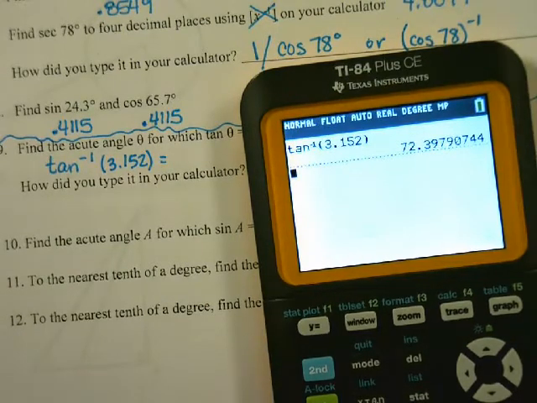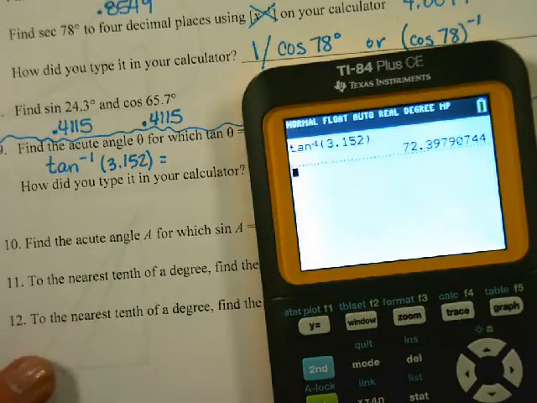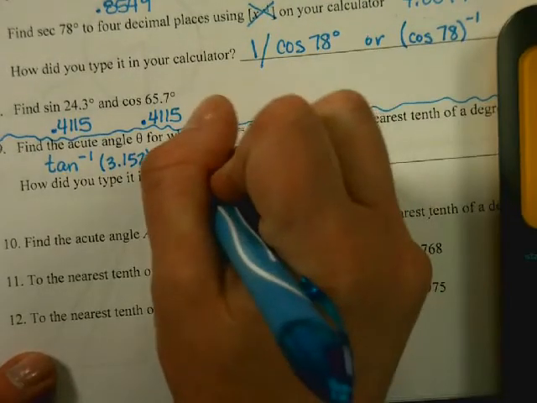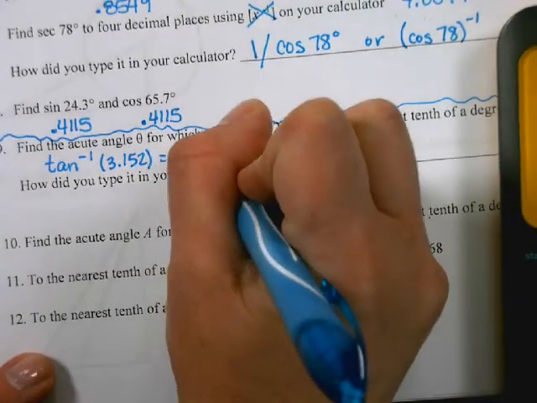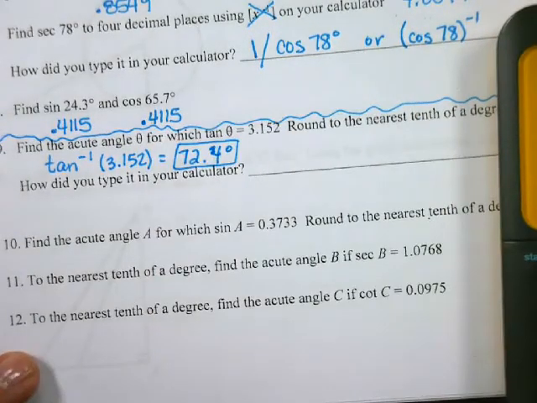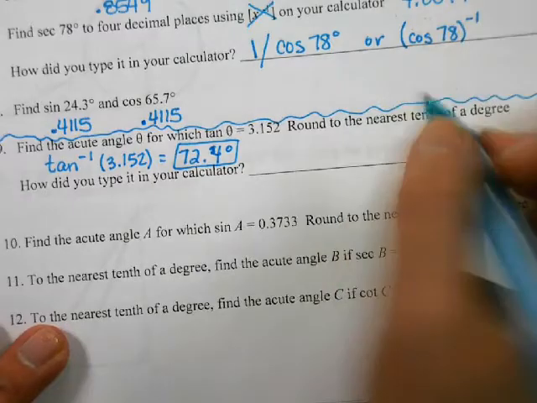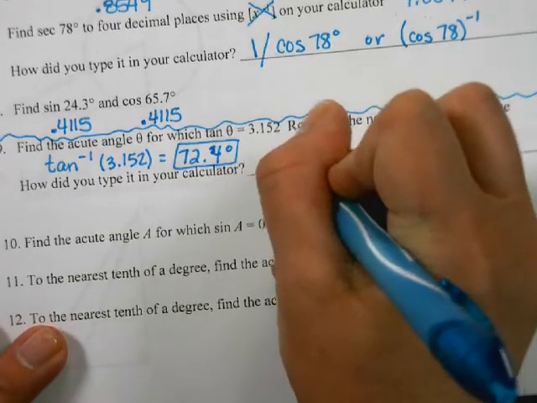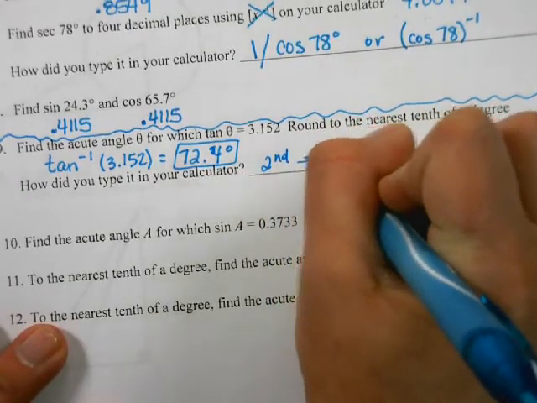So to the nearest tenth of a degree, 72.4. How'd you type it into your calculator? Second tangent.